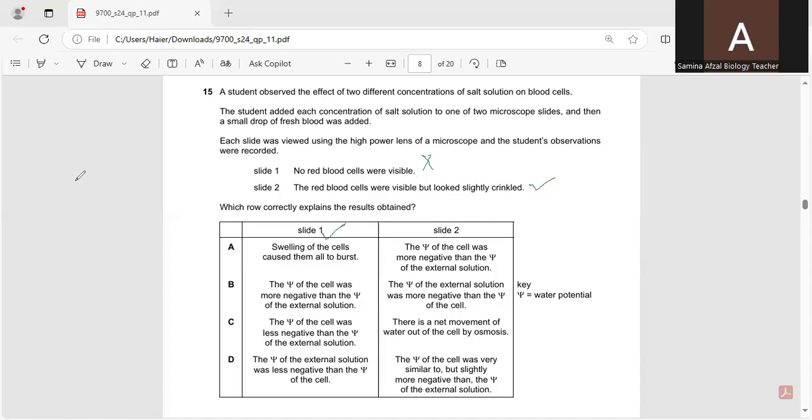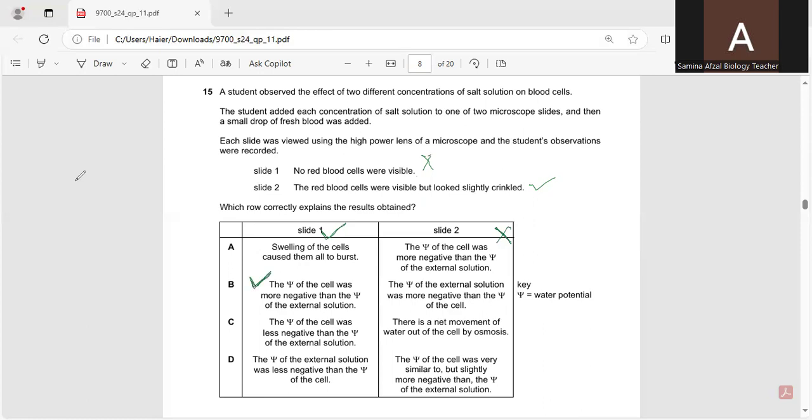Yes, this statement for slide 1 can be correct. The water potential of the cell was more negative than the water potential of the external solution. So no, it was opposite to this statement. And B: the water potential of the cell was more negative than the water potential of the external solution. So it is the correct statement.